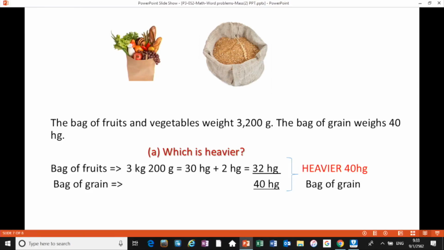So which is heavier? The bag of fruits, which weighs 32 hectograms, or the bag of grain, 40 hectograms. Excellent. The bag of grain.